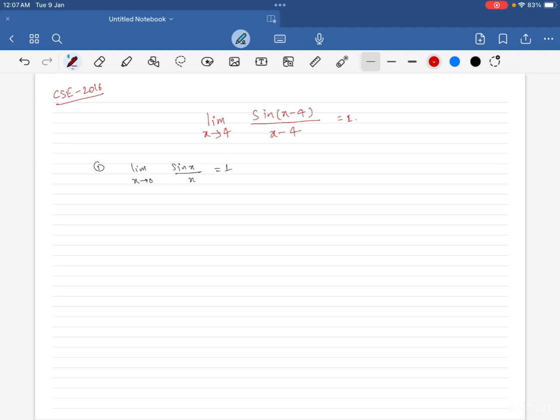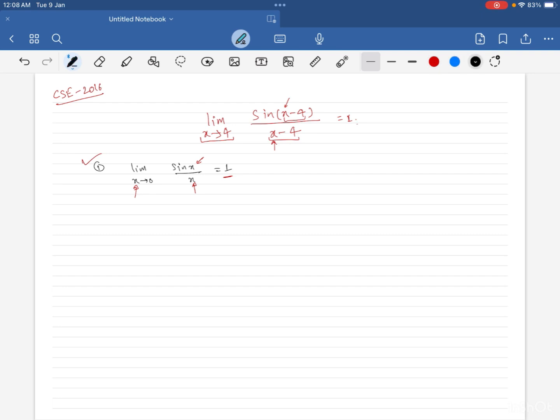So if x tends to 0 and the argument is approaching 0, then that would be 1. You see that x is equal to 4. If you put 4 here and 4 here, that would approach 0, right? So you can use this, and that will give you the answer 1.